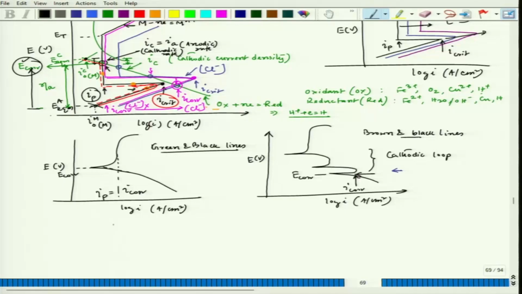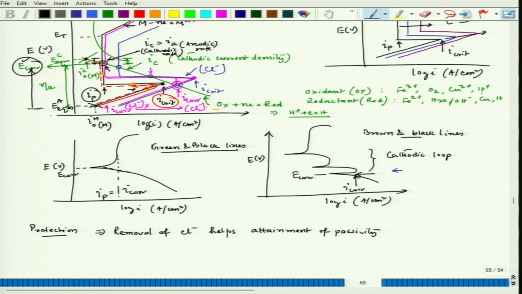So, removal of chloride ion helps attainment of passivity. Okay. So, this is one way for the protection. Okay. You remove chloride ion.